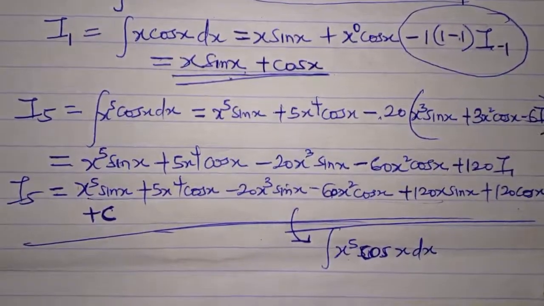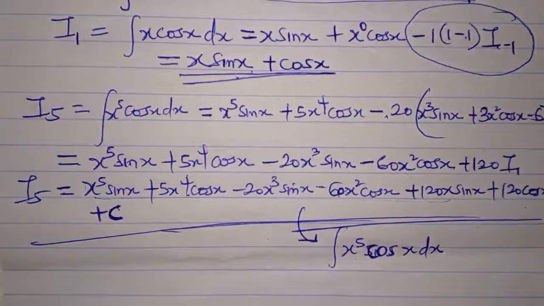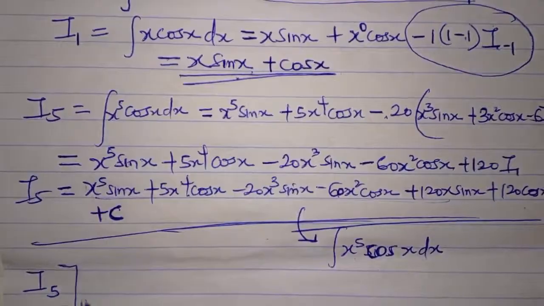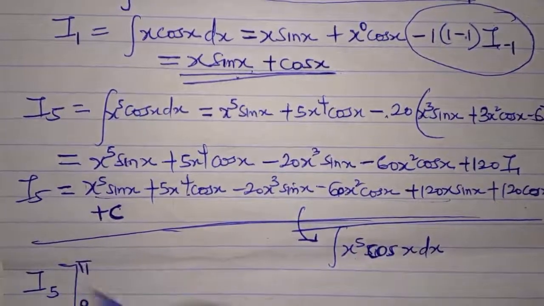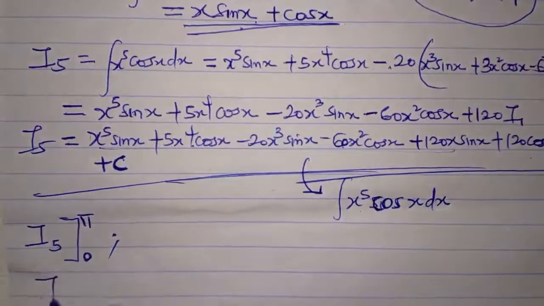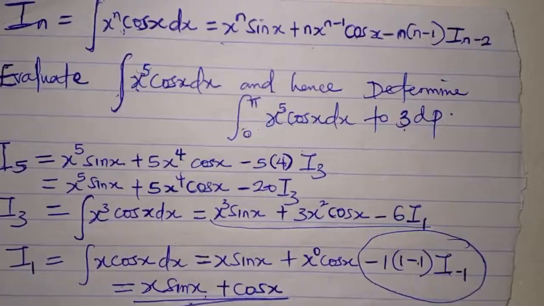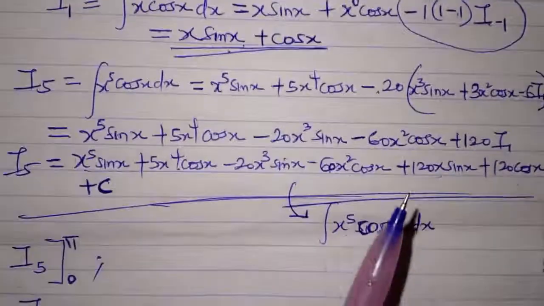Now, I5 is already this, so I want to determine I5 from 0 to pi. But recall that I sub n is equal to everything we have here. So let me write that down.